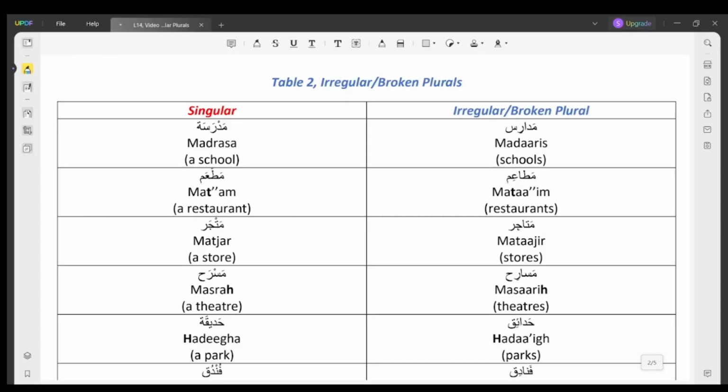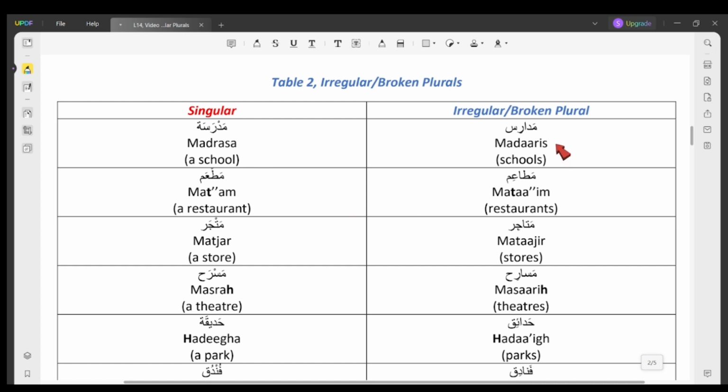Alright, now let's move on to the second table to see some examples for irregular or broken plurals. In the Arabic language, there are a lot of different types of broken plurals, so the best way to learn them is through natural exposure and practice. Now let's look at the first word, madrasa, meaning a school.